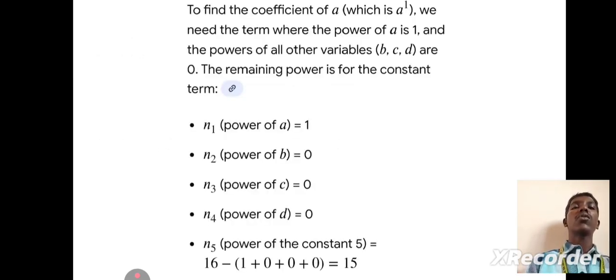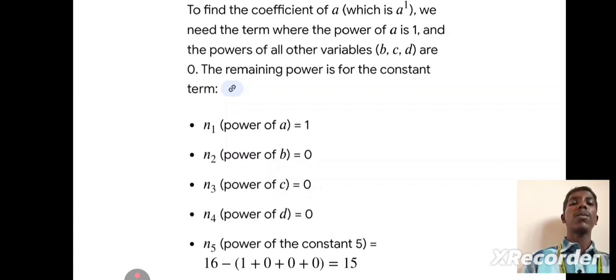To find the coefficient of a, which is a power 1, we need the term where the power of a is 1 and the power of all other variables b, c, d is 0. The remaining power is for the constant term.